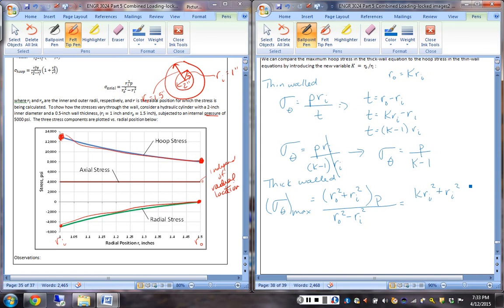Substituting in our definition of r sub o, pressure over K squared r sub i squared minus r sub i squared, and with the same simplification, by simplifying out the r squared, we have K squared plus 1 times the pressure in the numerator, K squared minus 1 in the denominator. Okay?